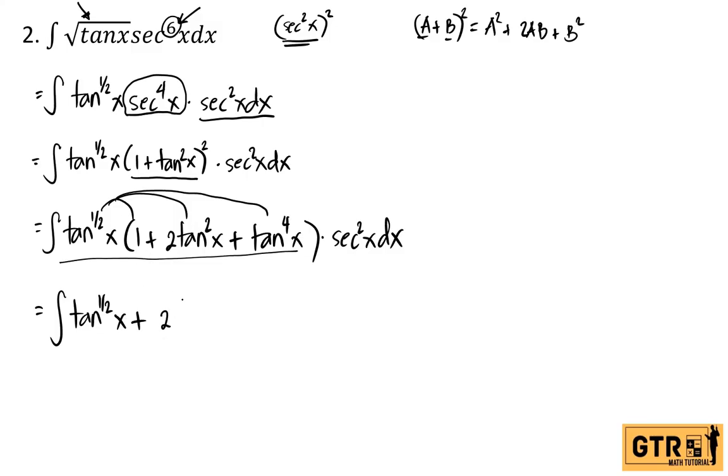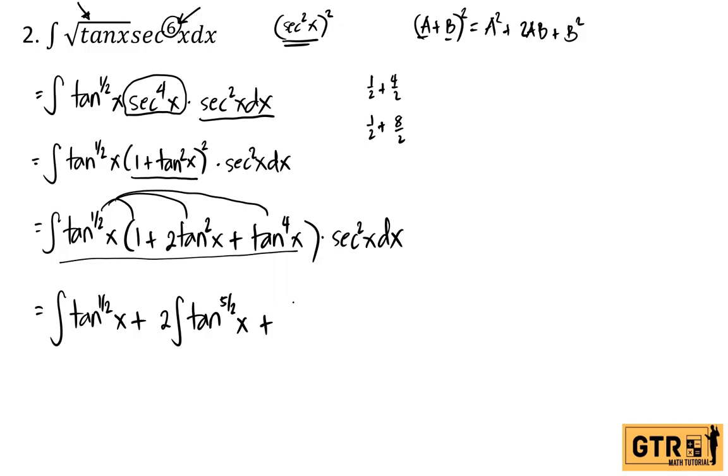So just move the constant across the integral sign. So we have 1/2 plus 2. 2 can be written as 4/2, so 1/2 plus 2 is 4/2. So that is tangent raised to 5/2 x, plus add the exponent 1/2 plus 4. 4 can be written as 8/2, since 8 divided by 2 is 4.